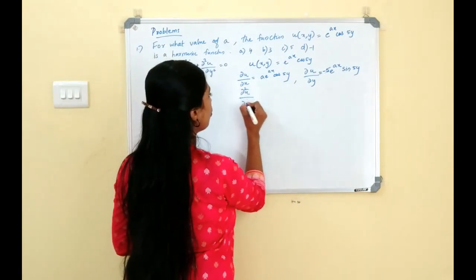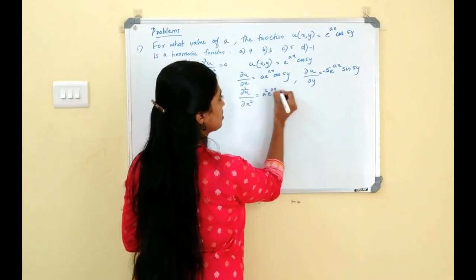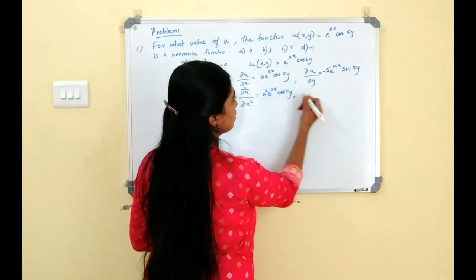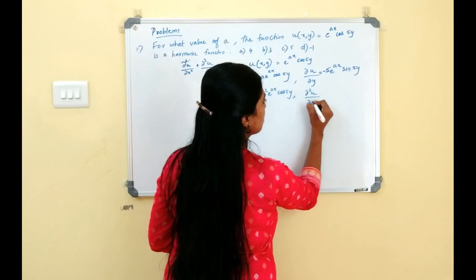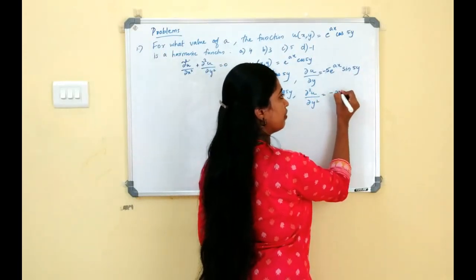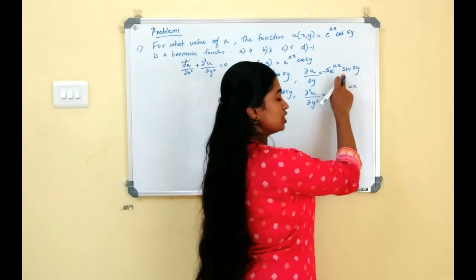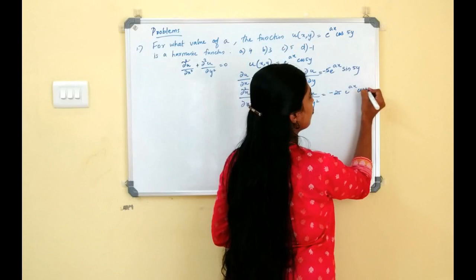Dou square u by dou x square is a square e raised to ax cos 5y, and dou square u by dou y square is equal to minus 5 into 5, 25 e raised to ax cos 5y, since the differentiation of sin is cos.